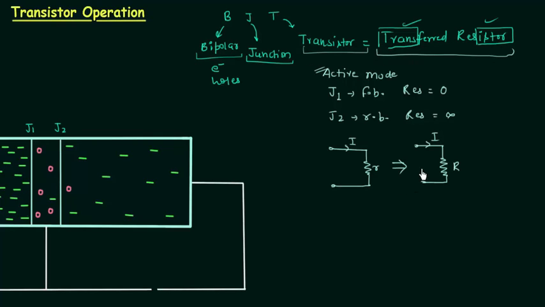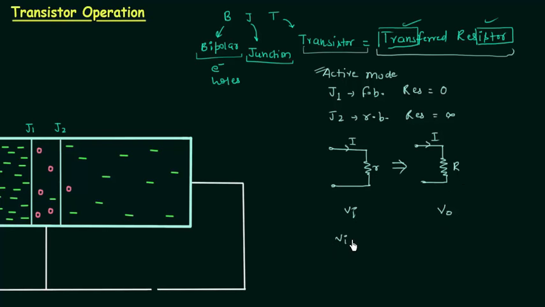There is a very significant use of this. For example, let's say Vi is the input voltage and VO is the output voltage. We are measuring Vi across this small resistance, and we are measuring VO across this large resistance.